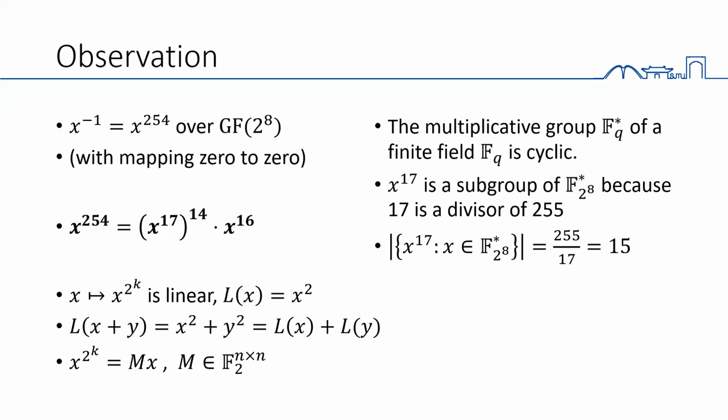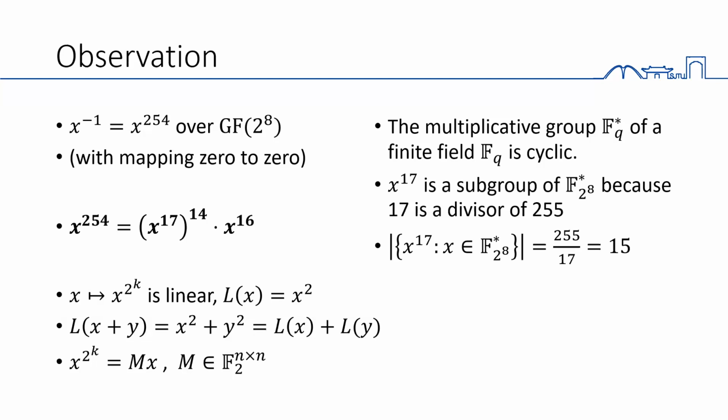So this is the same type of S-box as AES, and we know the inverse of x is equal to x to the 254 over finite field 2 to the 8, with mapping 0 to 0. And here is the most important observation.